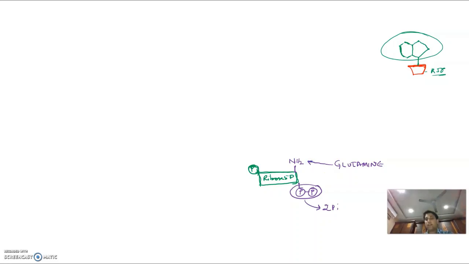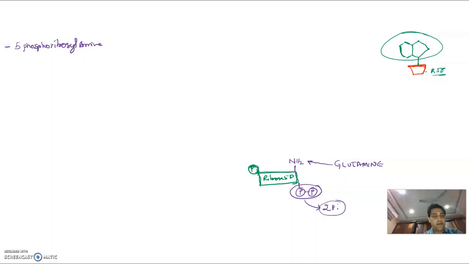In presence of PRPP glutamyl amidotransferase, these 2 Pi are removed and glutamine gives an amino group, forming glutamate, and the first compound that forms is 5-phosphoribosyl amine.